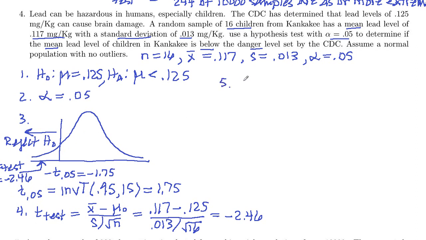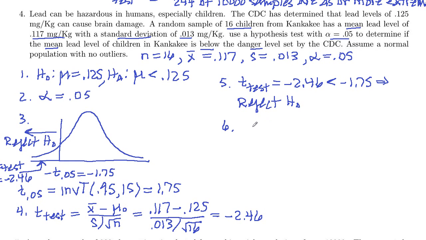So step 5, our t-test, which is negative 2.46, is indeed less than negative 1.75. So that tells us reject H0. And then step 6, state our conclusion. So it's always going to be in reference to the alternative hypothesis, which is mu less than 0.125. So that means you're below the danger level.